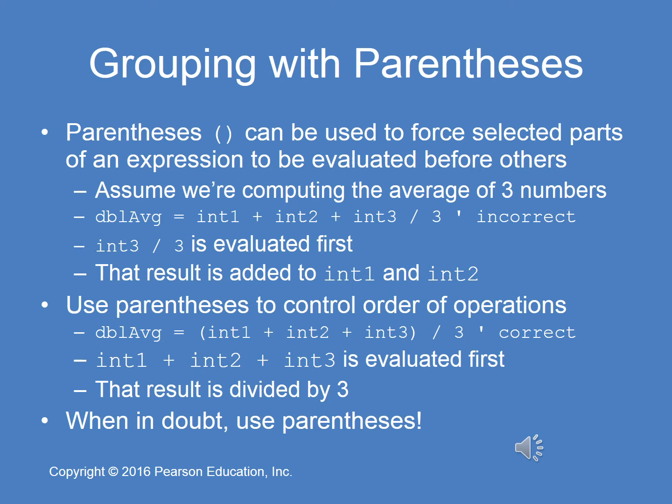That will sequentially divide int3 by 3 and then add that result to int1 and int2. Well, if the intent was to add int1, int2, and int3 and then divide the sum of those 3 ints by 3, you must use parentheses in order to get that desired result.